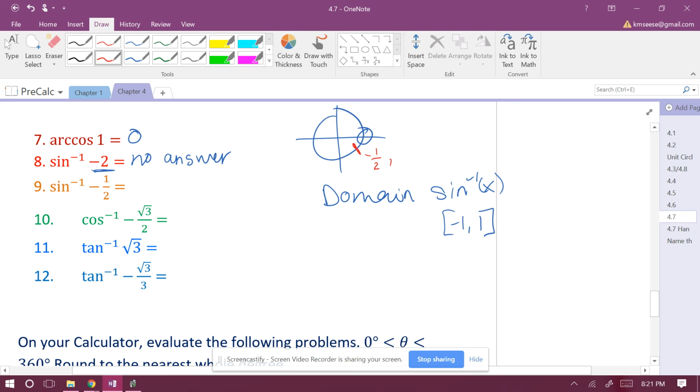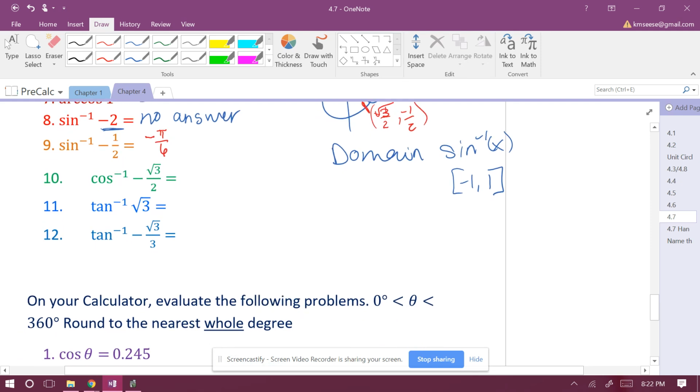Or sorry, radical 3 over 2. So that's really 11 pi over 6. But my problem is I need to write it so that it is between negative pi halves and pi halves. So instead of 11 pi over 6, I write that as negative pi over 6.